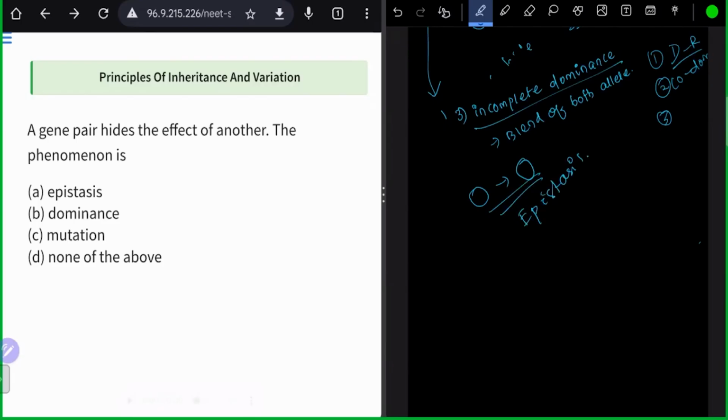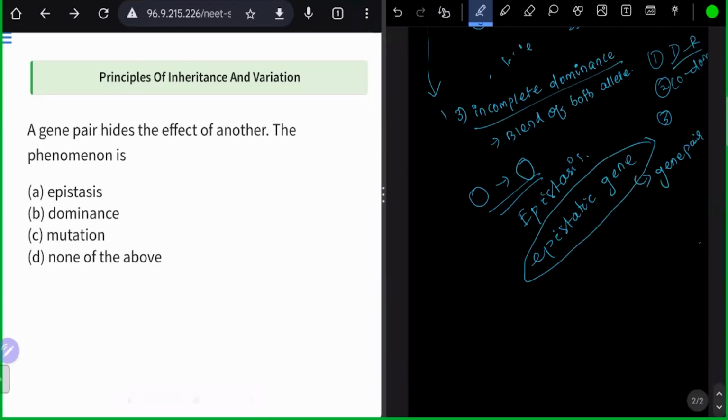Epistasis means the gene pair that is dominating is known as the epistatic gene. The other gene, whose expression is suppressed, is known as the hypostatic gene. The epistatic gene interferes with the hypostatic gene and suppresses its expression.